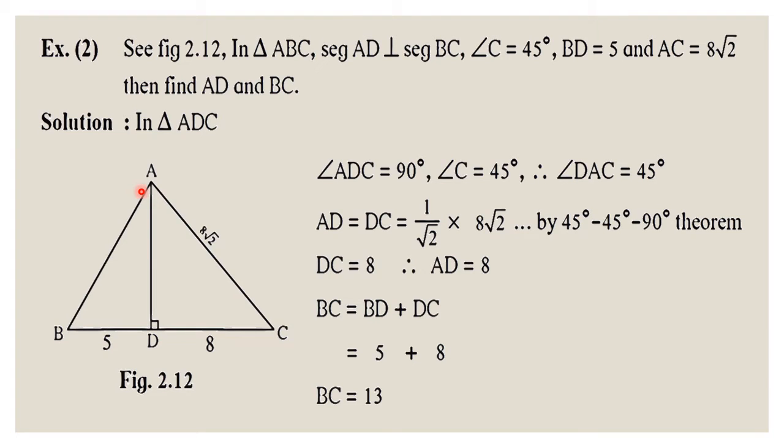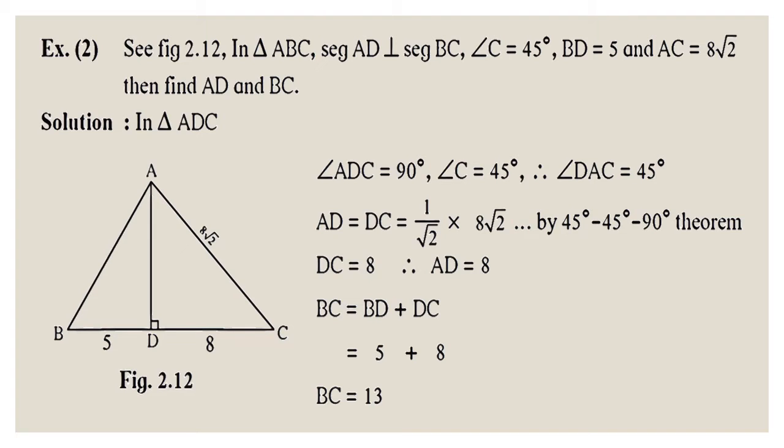What we need to find now is BC. DC is 8, BD is 5, then BC is 5 plus 8, that is 13. Again a very simple question, directly applying the 45, 45, 90 degree theorem and then finding the length of the required side.